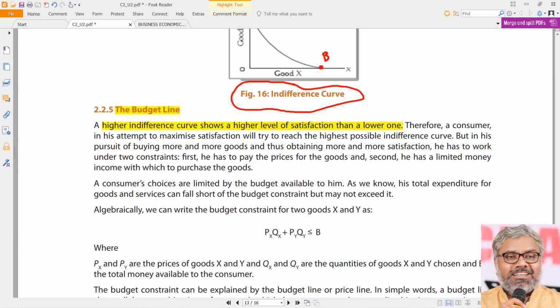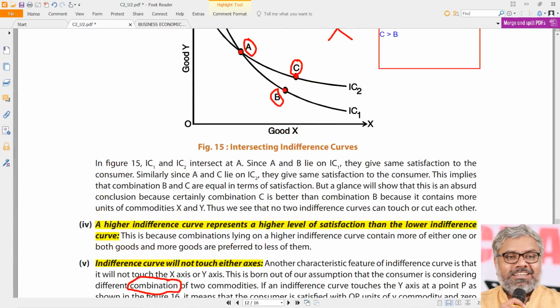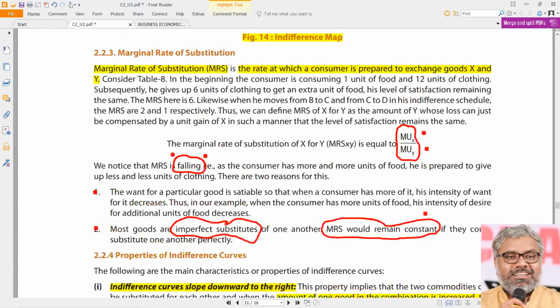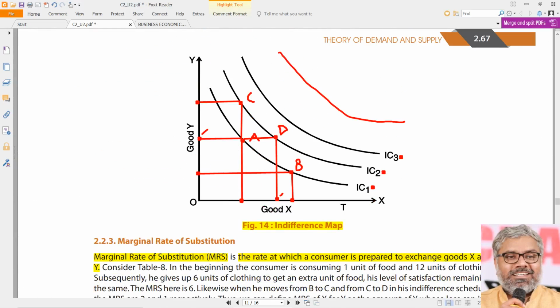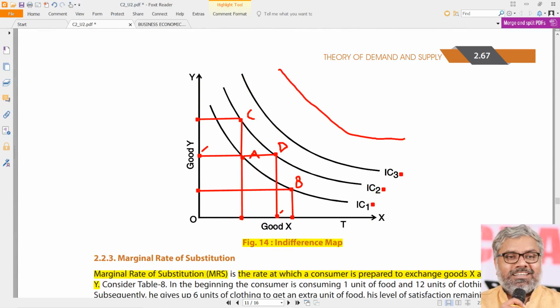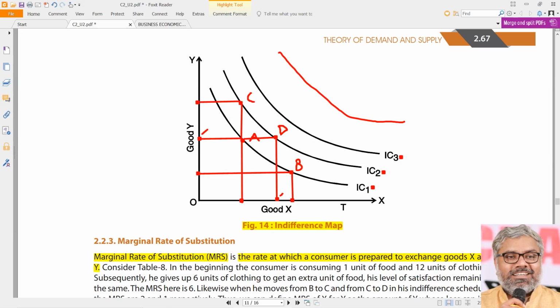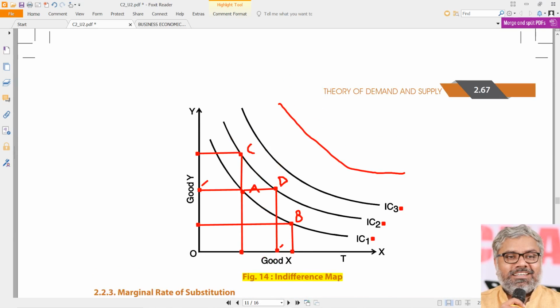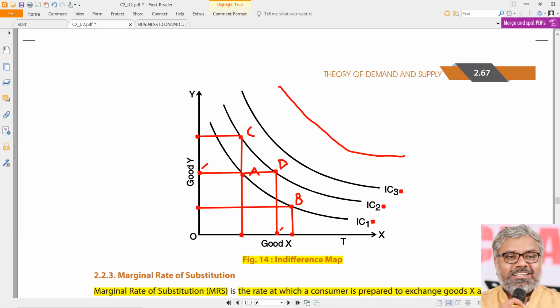So, just for understanding purposes, we have an indifference map like this, IC1, IC2 and IC3. Which one is giving more satisfaction to the consumer? IC3, then IC2, then IC1. So a practical question will emerge. Naturally, why should we even think about IC2 and IC1?